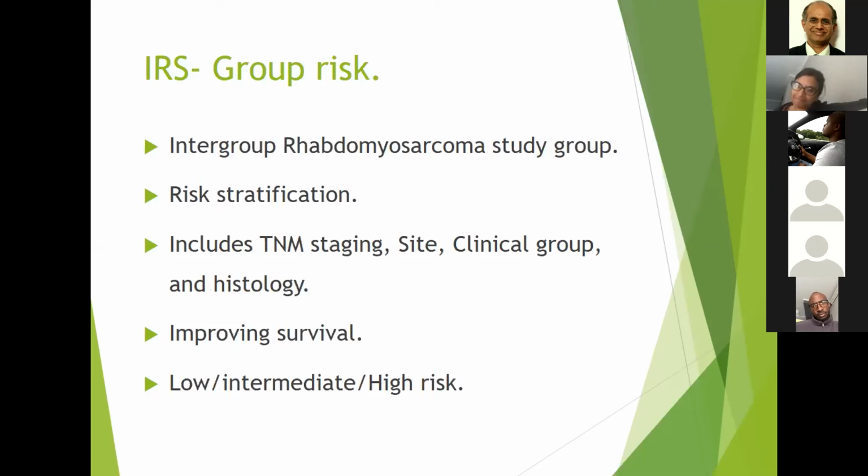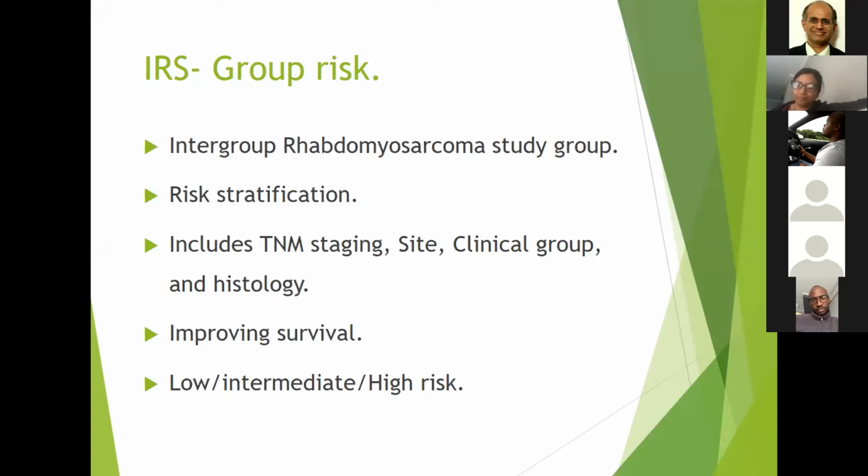If you look at the progress that has been made in the management of this condition, it is great, because in the early 1960s the 5-year survival was around 30%, but now 5-year survival is above 83% with the introduction of the new protocols that came out of this group.